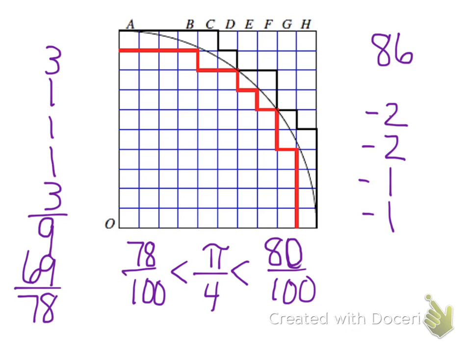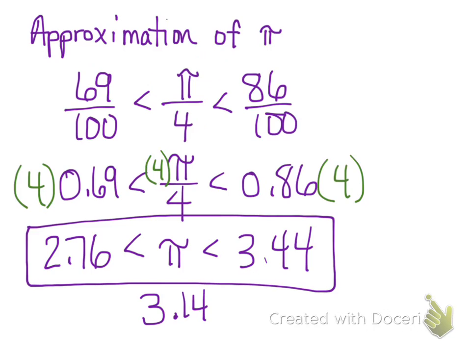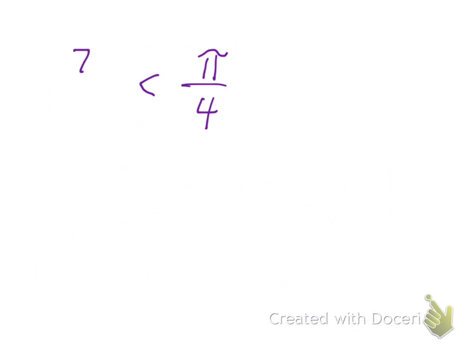So what does that give us for a better approximation of pi? We're saying pi over 4 is between 78 hundredths and 80 hundredths. So let's come over here. Pi over 4 is greater than 78 hundredths and less than 80 hundredths.